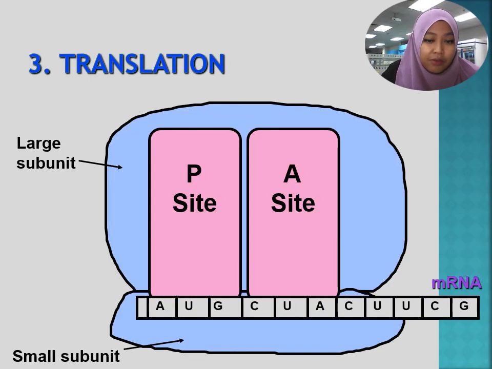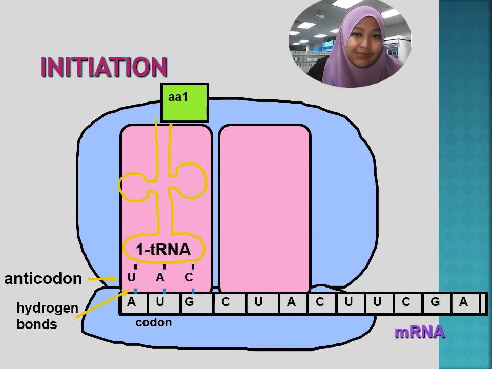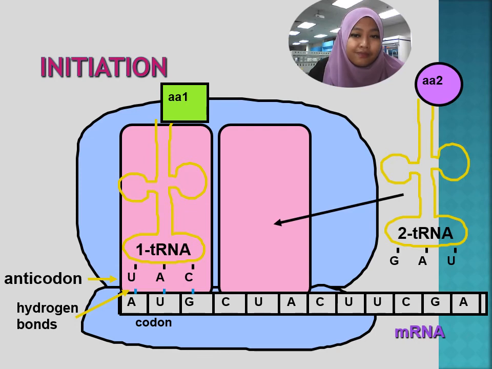So let's make the protein. AUG codes for methionine, the first amino acid, which is the start, or initiation. The transfer RNA comes with a specific amino acid and goes here, followed by the second one.